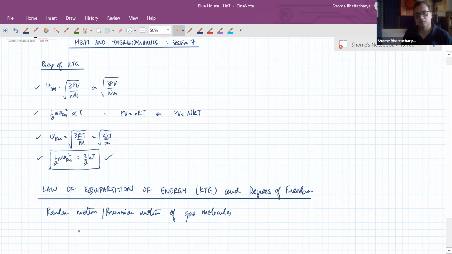So we had Vx squared average is equal to Vy squared average is equal to Vz squared average is equal to Vrms squared by 3. This is the relation that we got earlier.